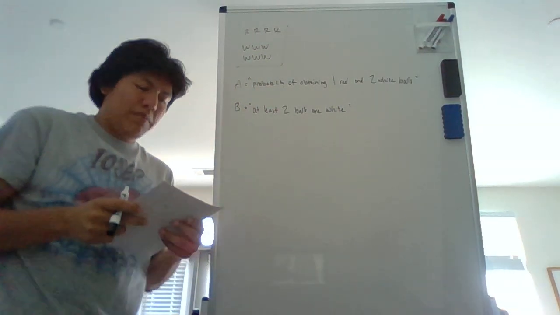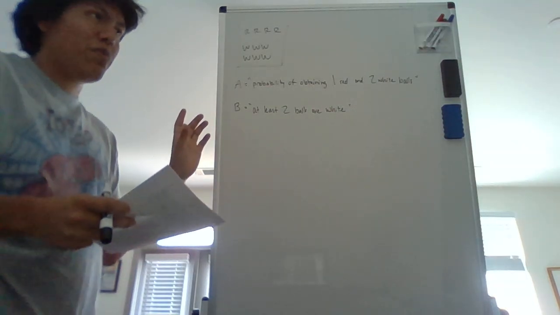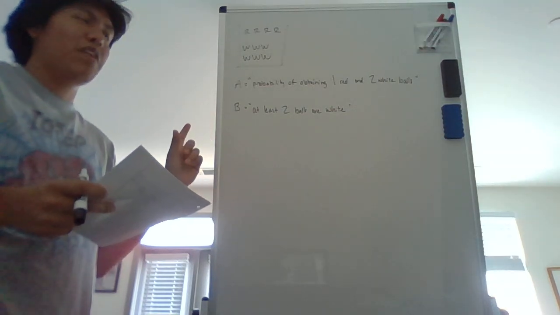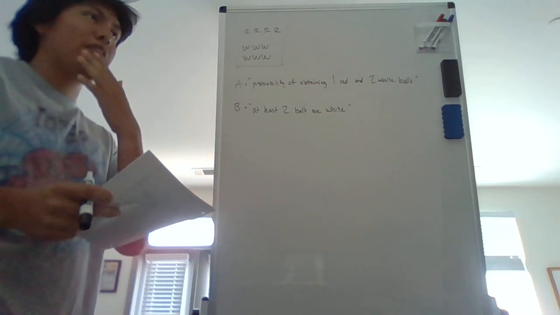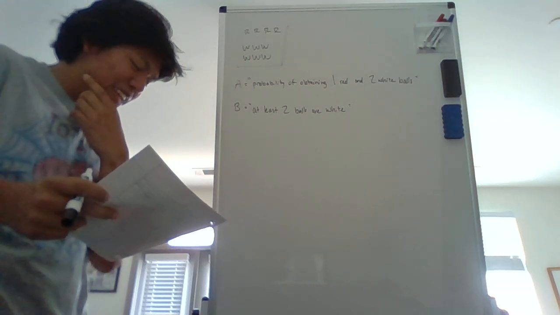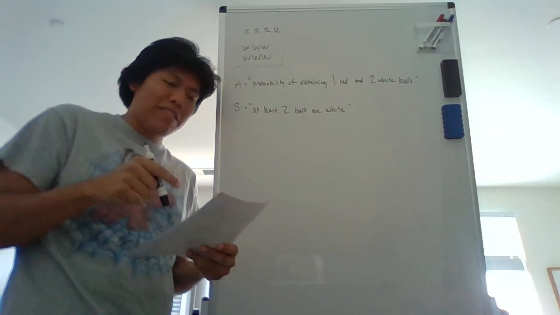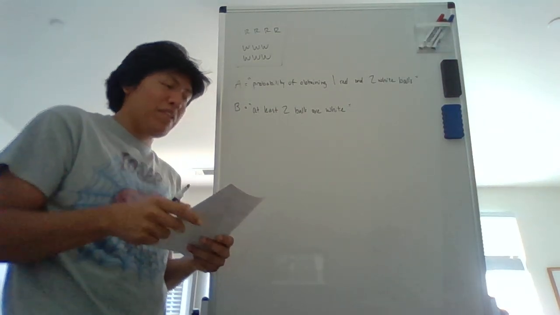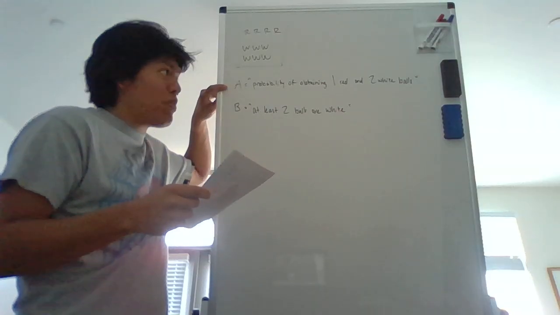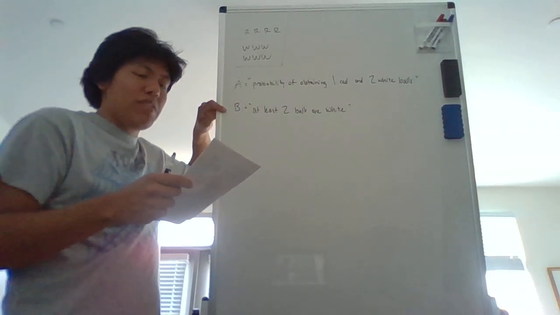This is kind of like the other question that we just did, except now we're trying to find a conditional probability, right? Because the way the question asks it, what is the probability of obtaining 1 red ball and 2 white balls, given that at least 2 of the balls in the sample are white?